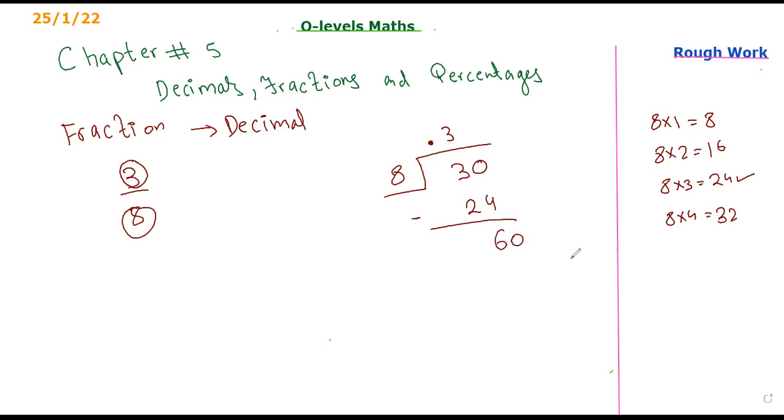Which multiple next? 56. 8 into 7 would be 56. Again, the difference is 4. Because of the decimal we have 0, and 8 into 5 is 40. So I can write this 5 here, this 40 here, and the remainder is 0.